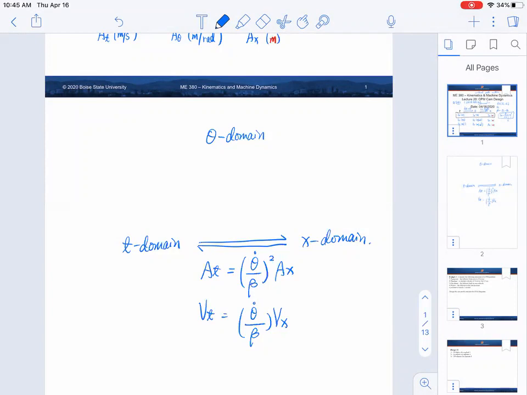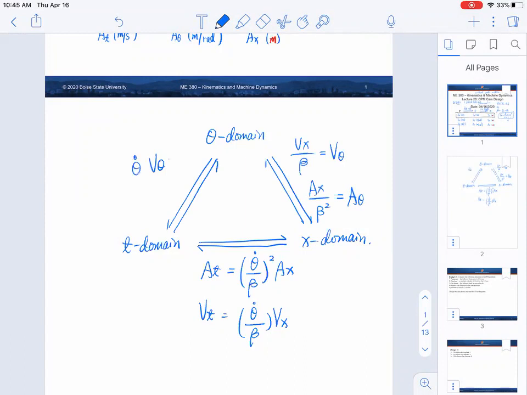Then between the x and theta domains, you have V_x over beta equals V_theta, and A_x over beta squared equals A_theta. And between the theta and time domains, you can do the derivation: V_theta times theta dot equals V_t, and theta dot squared times A_theta equals A_t. So that's the relationship we need.